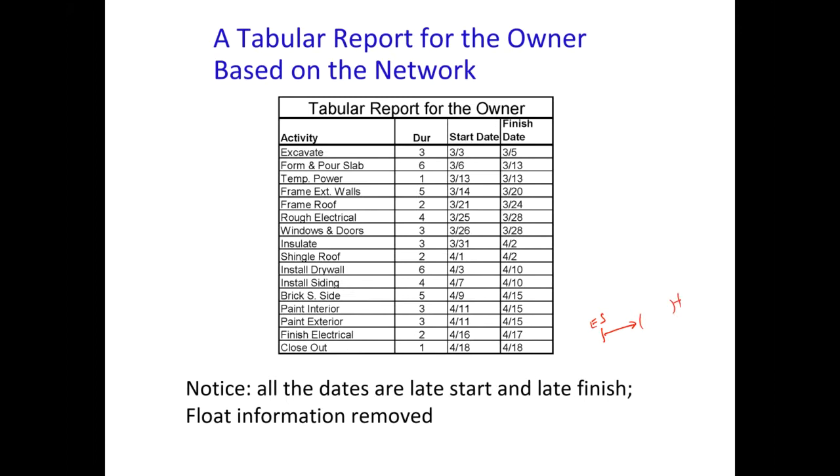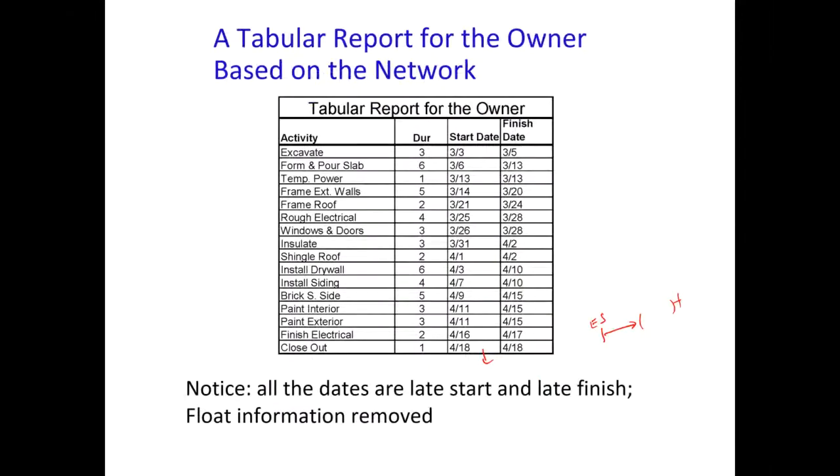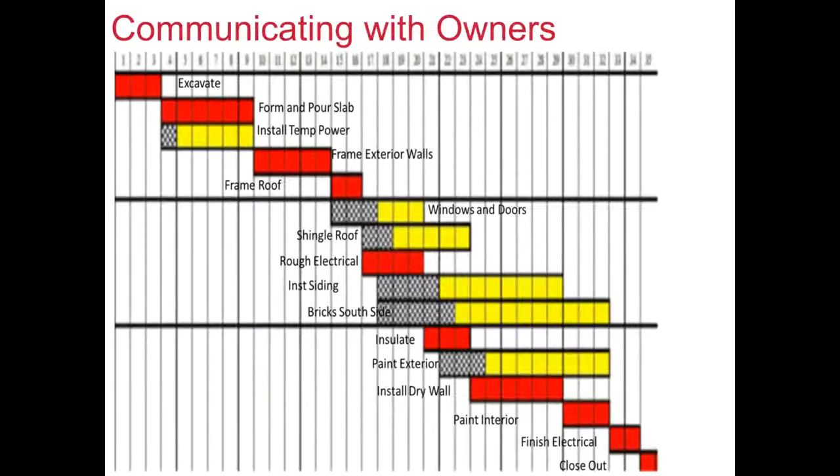The owners may think the work is being delayed, whereas it is not. So very often we communicate with the owners based on the late start and the late finish timing. So rather than sharing all this information, we will only be sharing this table, which is going to tell them the latest possible time by which the work should be finished. If it is done early, that is to an advantage.